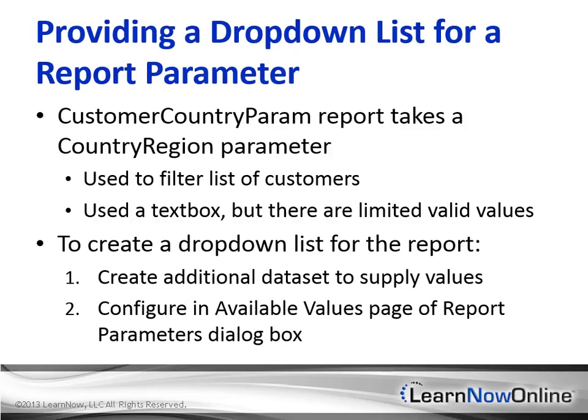And then you use the Available Values page of the Report Parameters dialog box to set the source of the drop-down list. Now, you're not limited to providing parameter values from a query. You can also provide a set of static values that the user can select from. But in this case, I'm going to show you how to create a query that provides those values.